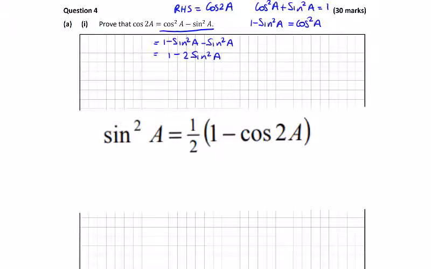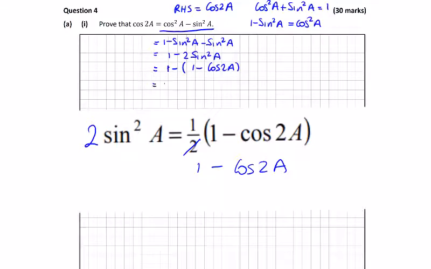So we could say that 2 sine squared a, which we have up here, if we multiply both sides by 2, is going to be 1 minus cos 2a. So replacing 2 sine squared a, be careful with the sign, 2 sine squared a is equal to 1 minus cos 2a.